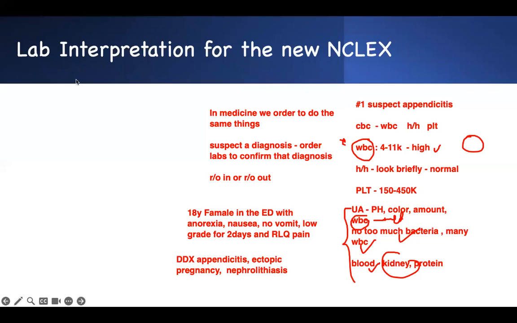Then they may give you a BMP for appendicitis. Guys, you see sodium, you see potassium, you see CO2 for acidosis, you see creatinine, you see BUN, and glucose. Glance at them carefully and just move on. What you need to pay attention to, every time they give you a BMP, look for potassium.